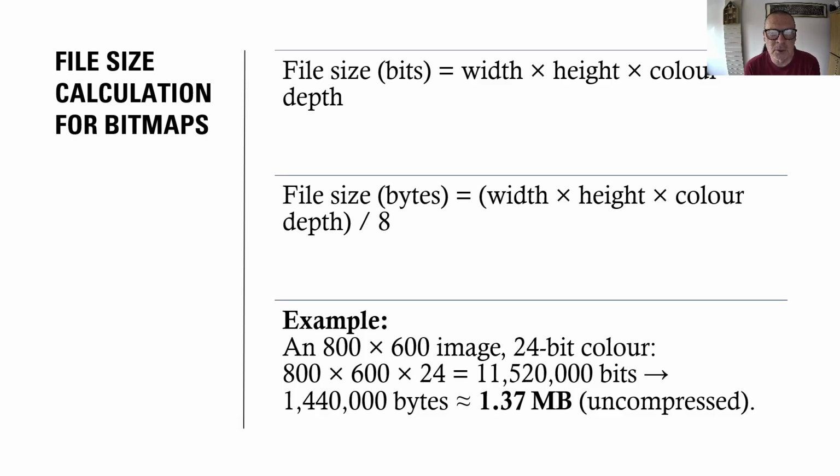And then they may ask you to put it in certain units, like a megabyte, so you have to do the conversion as well. So for example, if you had a picture that was 800 by 600 pixels with a 24-bit color depth, we would do 800 times 600 times 24, and then we can convert that.